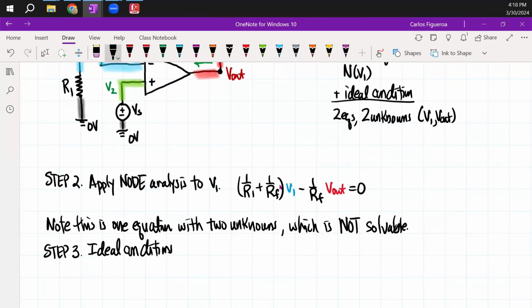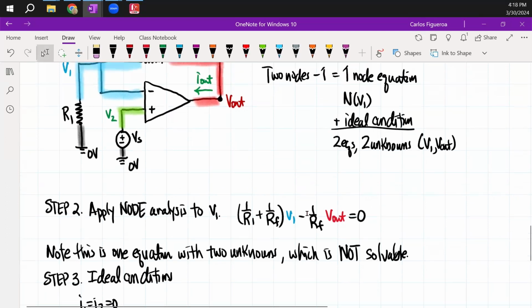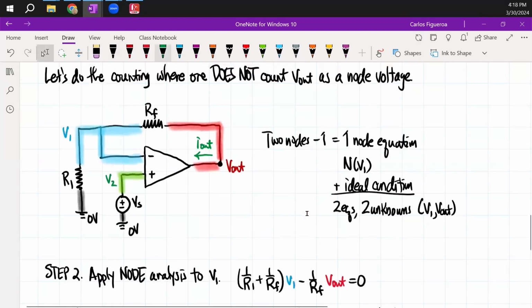So if I apply the ideal conditions, the first thing I'm going to look at is I1 equal to I2 equal to 0. So let's look at the circuit. What I'm seeing here is that I have no current here, and I have no current here. But note, there are no resistors on those lines, so it doesn't tell me anything new.